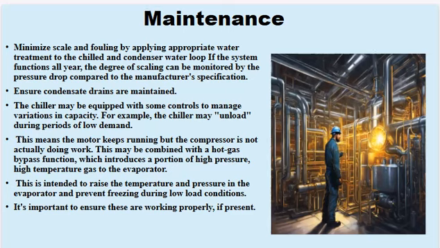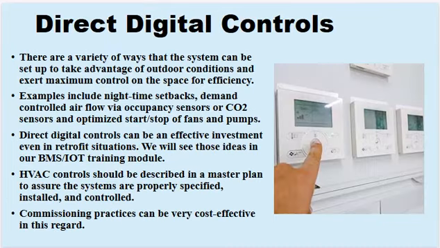It's also important to maintain condensate drains to ensure proper drainage and system function. Some chillers are equipped with controls to manage capacity variations, such as unloading the chiller during periods of low demand. Direct digital controls.